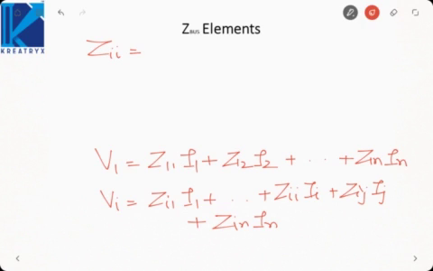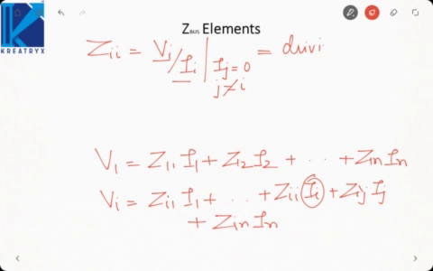If you wish to determine Zii, equate all the currents to 0 except Ii. So it will be Vi by Ii, given that Ij is equal to 0, j is not equal to i. So it represents impedance V by I, and since both are at the same point, it is the driving point impedance, and since currents are equated to 0, it is under open circuit.